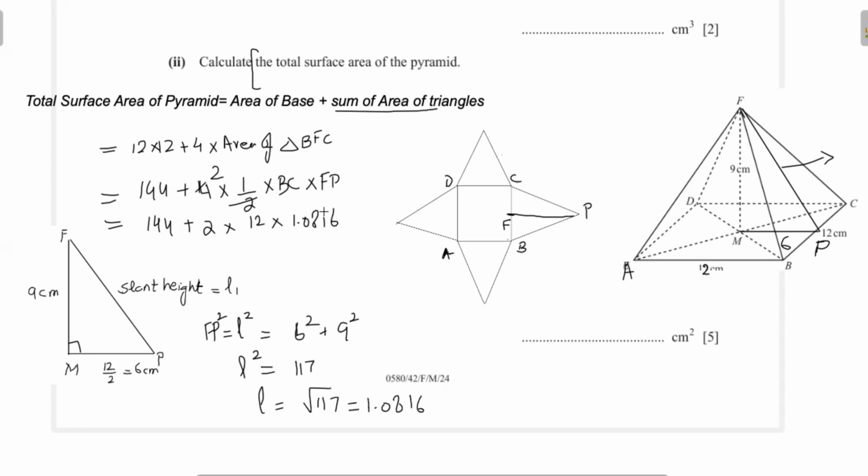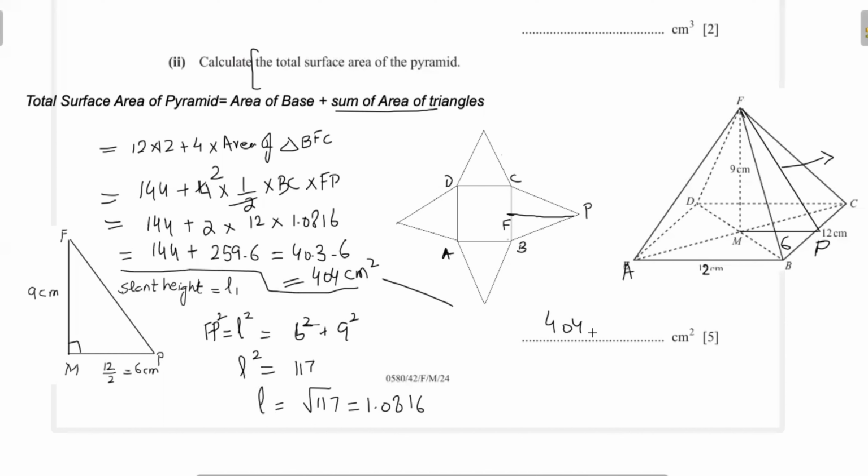When we multiply 2 into 12 into the value, this will be equal to 259.6. Then 144 plus 259.6 is equal to 403.6, and the 3SF value will be 404 centimeter square, which is the total surface area of the pyramid.